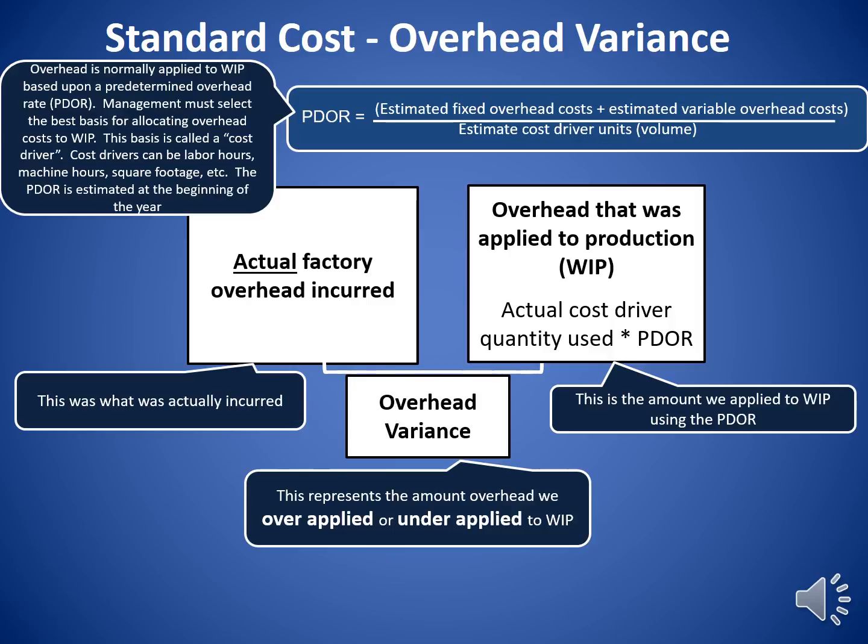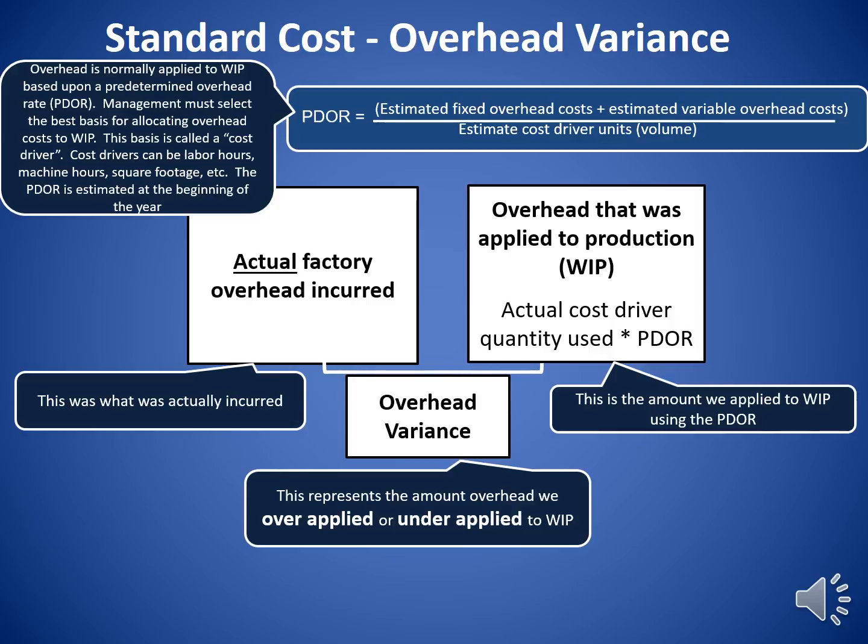In other words, the actual cost driver quantity used times the predetermined overhead rate. So the left side is the amount that we actually incurred for the year, and the right side is the amount that we applied to work in process utilizing that predetermined overhead rate.